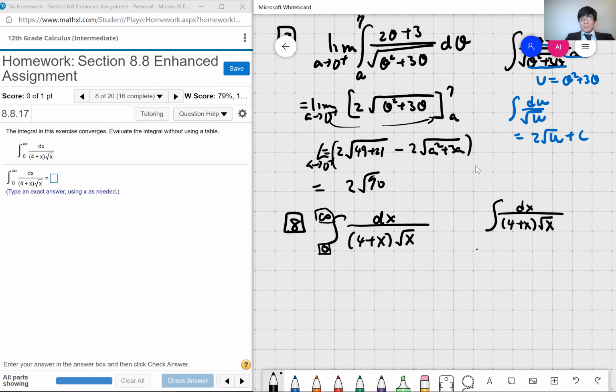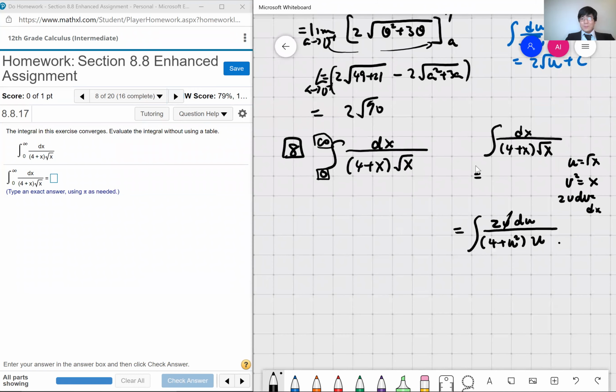So let's say u is equal to square root of x. So u squared is equal to x, so 2u du is equal to dx. After making the substitution, dx becomes 2u du, x becomes u squared, and root x becomes u.